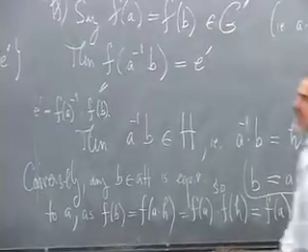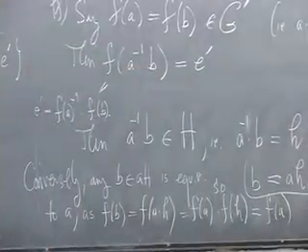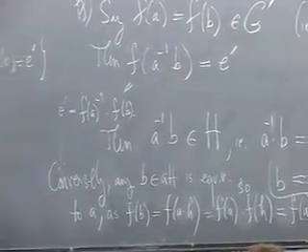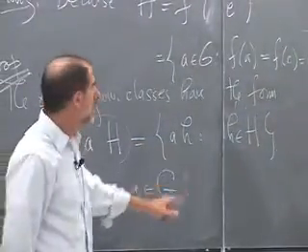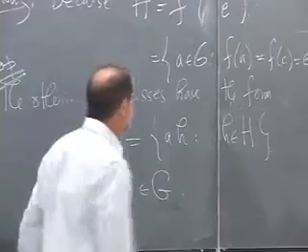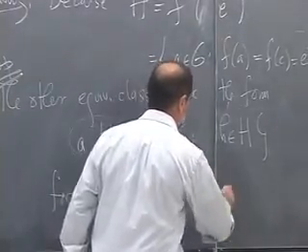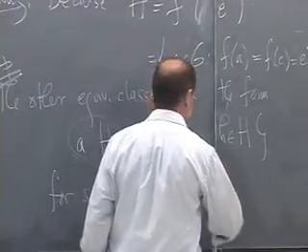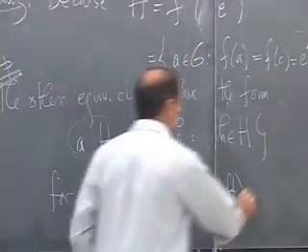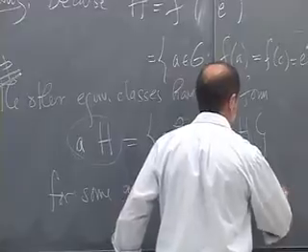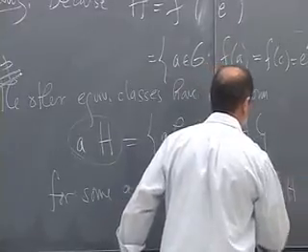So the things equivalent to A are exactly the things in this subset of G. This is called, big term here, a coset of H in G. More precisely, I think it's called a left coset, because I've multiplied on the left by A. A left coset of H in G.